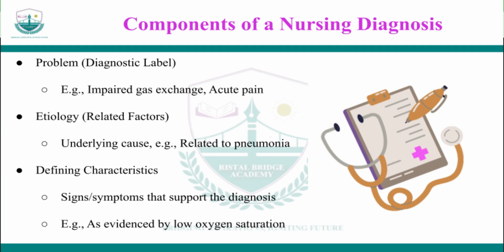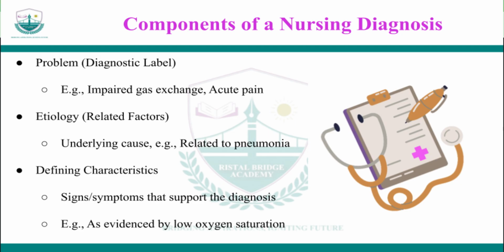Then the second component is the cause. Then the third component is the signs and symptoms or defining characteristics. So these are the objective and the subjective cues or evidence that support the diagnosis. They help confirm the presence of the health problem. For example, as evidenced by decreased oxygen saturation.